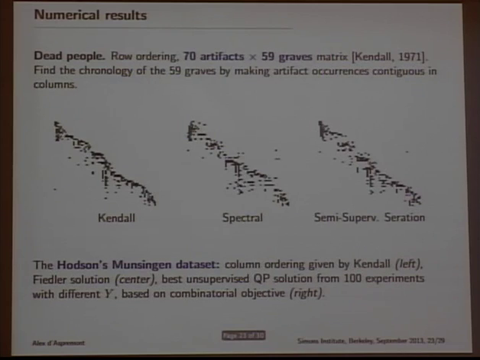So for historical reasons, I'm going to start with this example, which is relatively cheerful. You're trying to reorder chronologically graves, okay? So what you observe, and this is the original motivation for Kendall's work on seriation. So you have a matrix which represents, it's a 0-1 matrix. And it's a matrix that's 70 by 59, and it's artifacts versus graves.